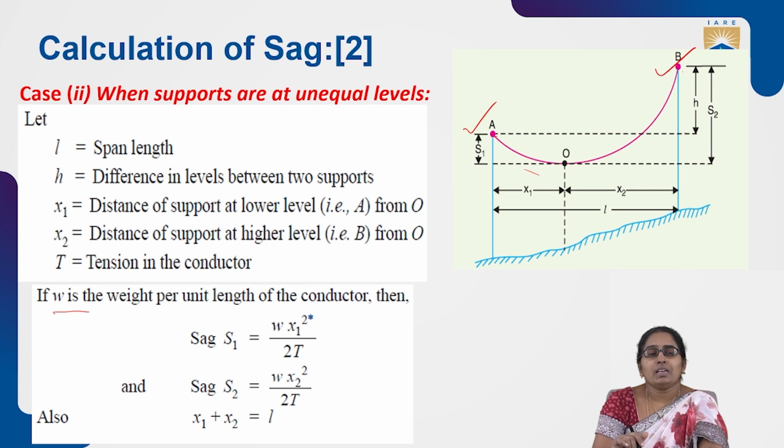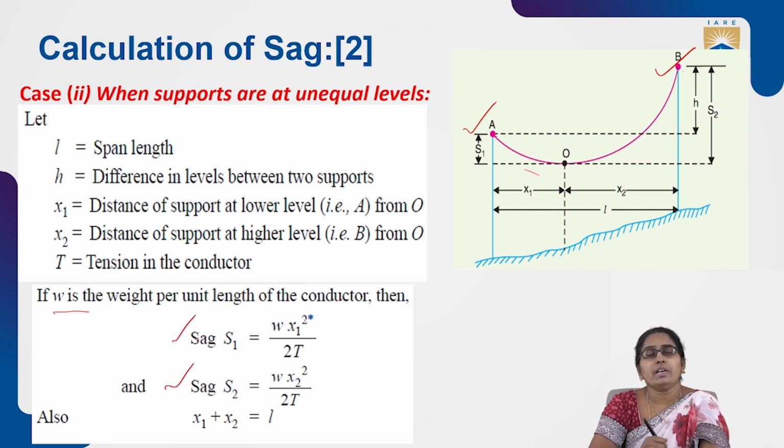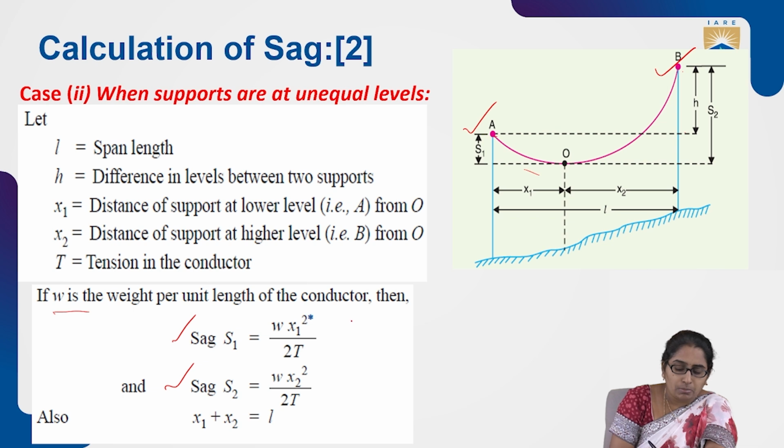The sags S1 and S2 are written as wx1 square by 2T, because from the previous case we know that y is given by wx square by 2T.